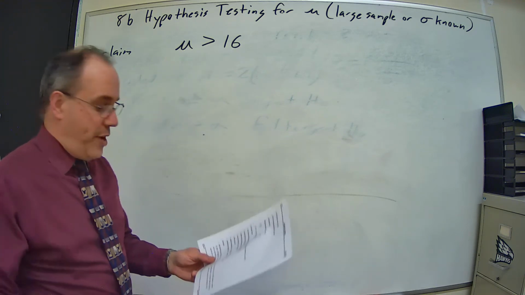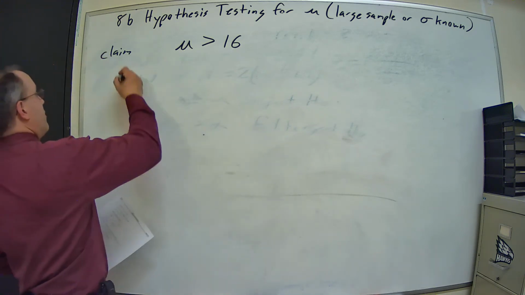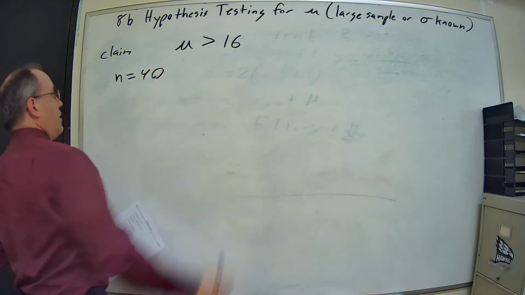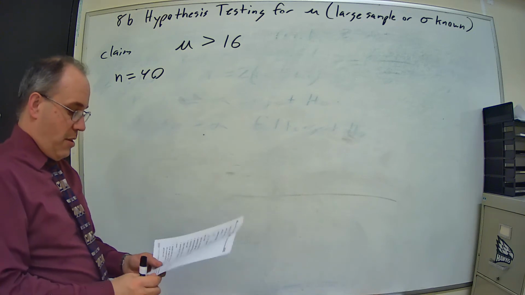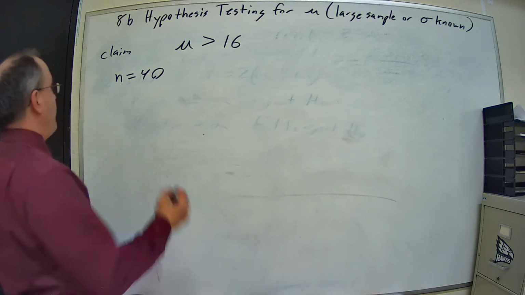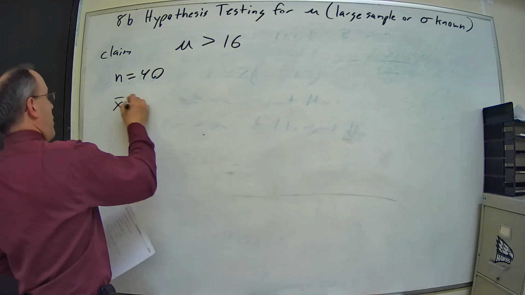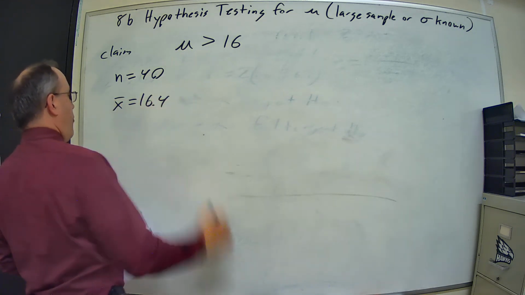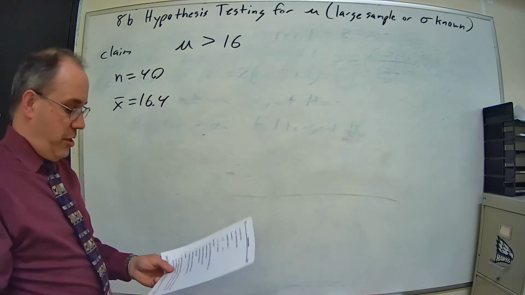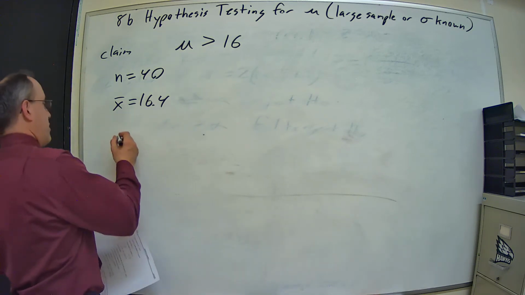40 bags are randomly selected. N is equal to 40. They're selected and weighed with a sample mean of 16.4 ounces. X bar is equal to 16.4. And a standard deviation of 1.2 ounces.